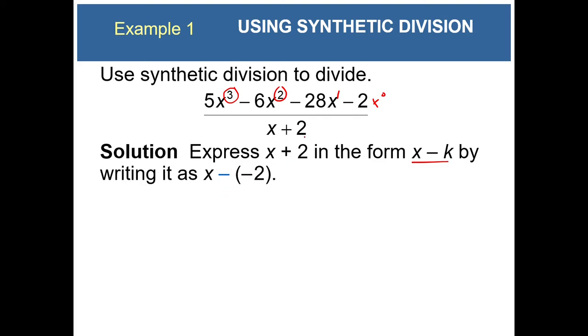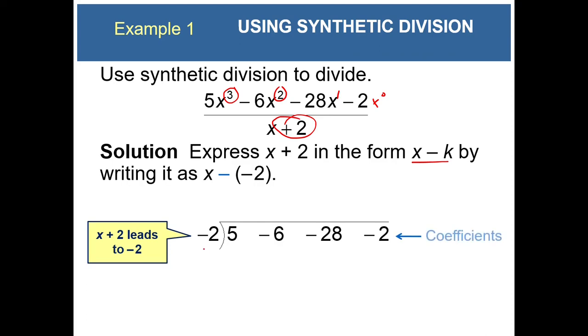So we're going to take the opposite of this when we do synthetic division. So we have negative 2 here in the front of our divisor, and we're going to have 5, negative 6, negative 28, and negative 2, which were simply the coefficients of the dividend that we're trying to divide.